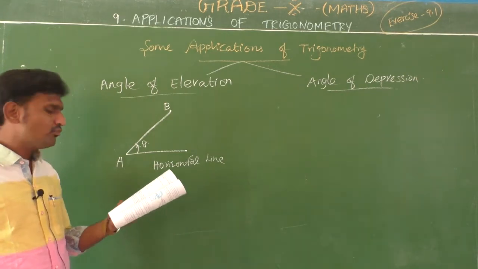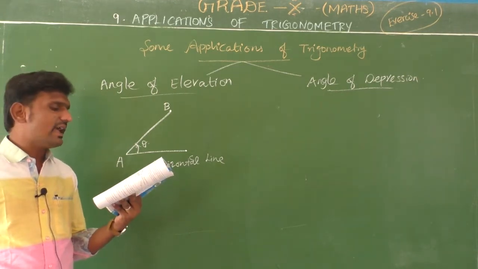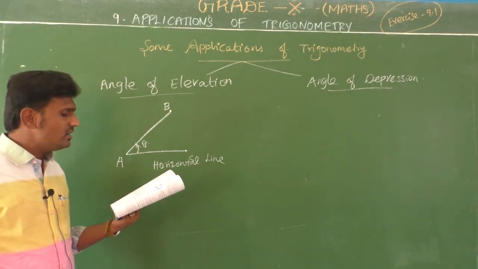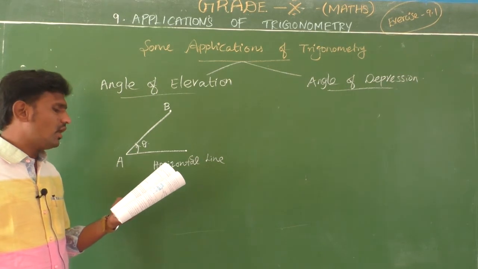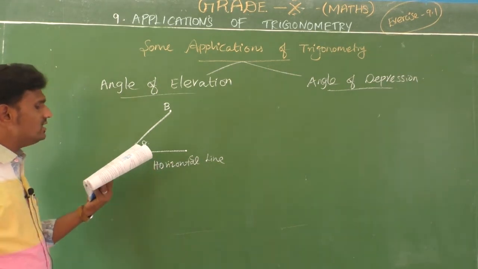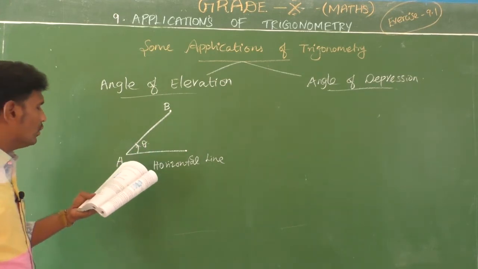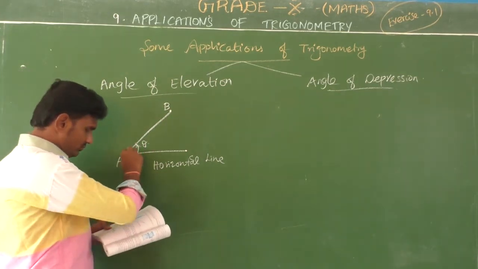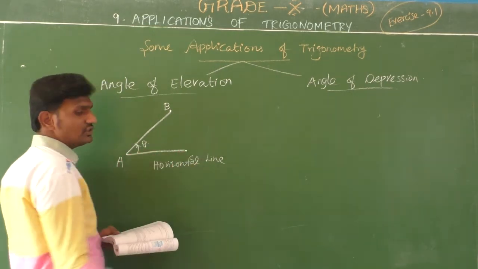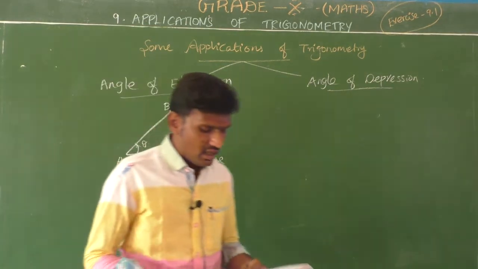The angle of elevation of the point viewed is the angle formed by the line of sight with the horizontal when the point being viewed is above the horizontal level.